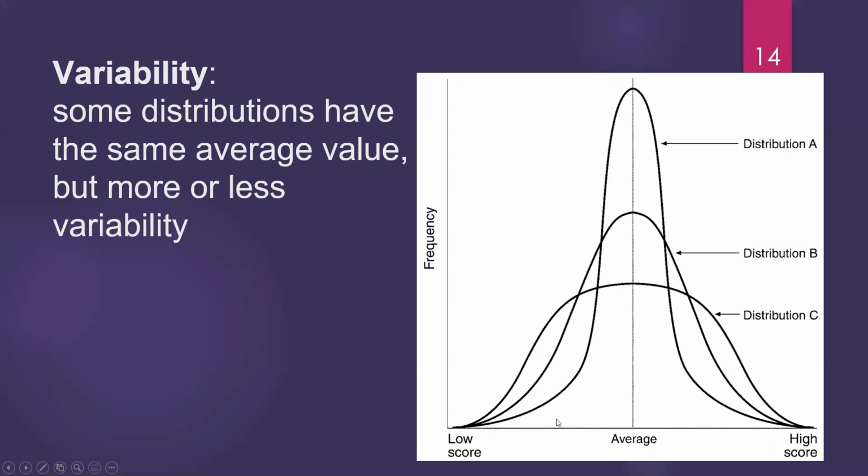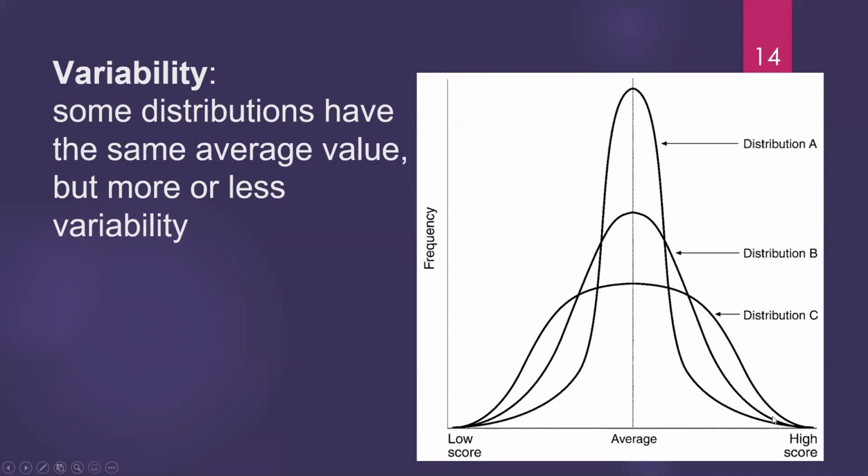There's more people here who have a low score, and more people here who have a high score compared to distribution A. But distribution C has the greatest spread, the greatest variability, right? There's the lowest number of values right at the mean, and there's still a good number of people who have lower end scores and a good number of people who have higher end scores.